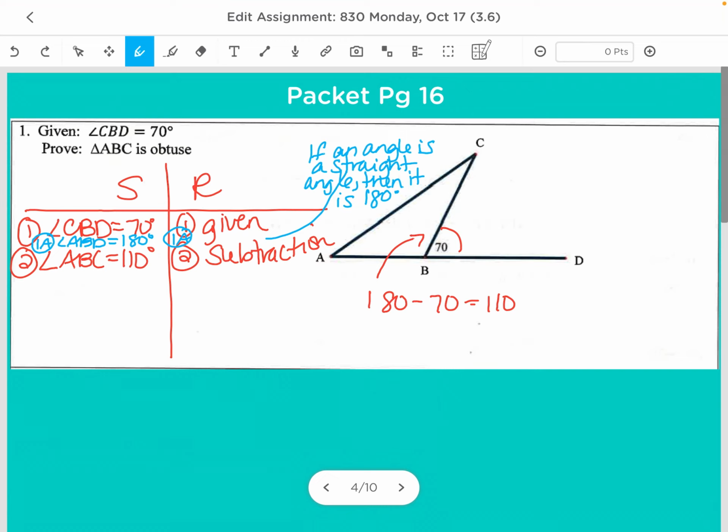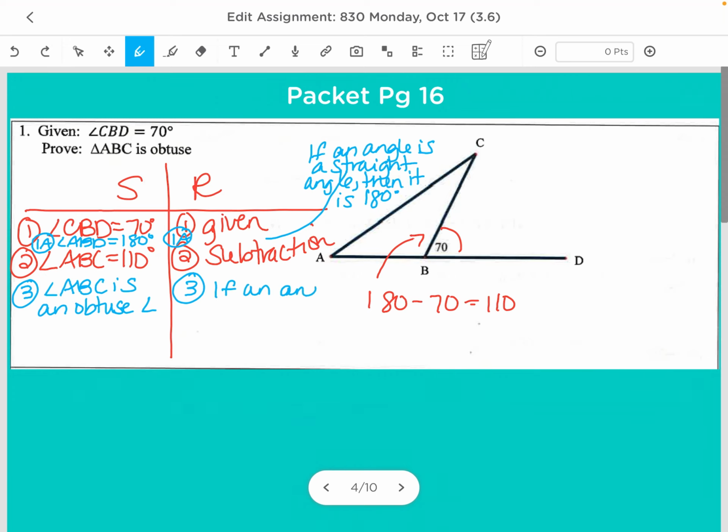Now, the definition of an obtuse triangle is a triangle that has one obtuse angle. So I know 110 degrees is an obtuse angle. So my next step is going to be angle ABC is an obtuse angle.